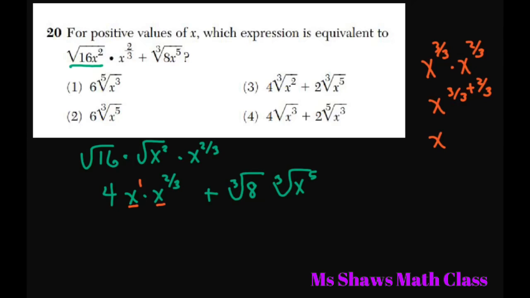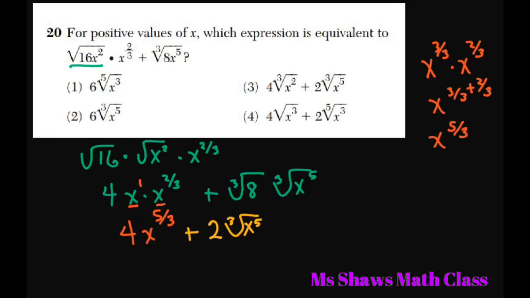So that's x to the 5/3. So this part is going to be 4 times x to the 5/3. Now the cube root of 8 is 2, because 2 times 2 times 2 is 8, and you still have the cube root of x to the 5th.